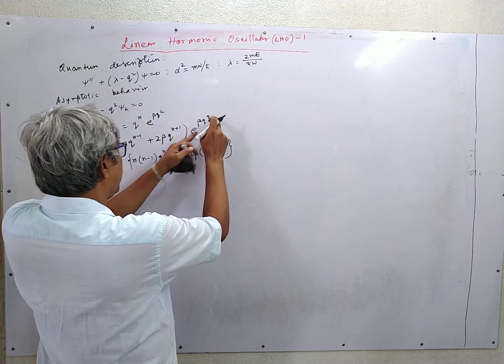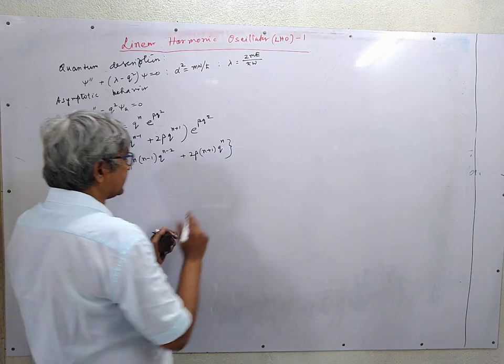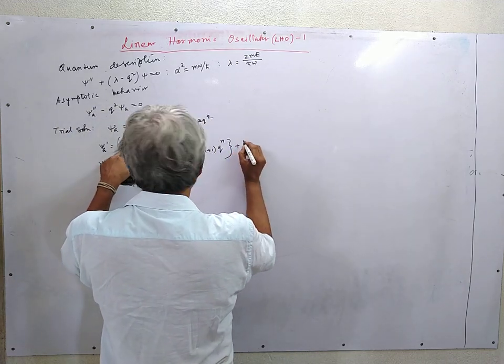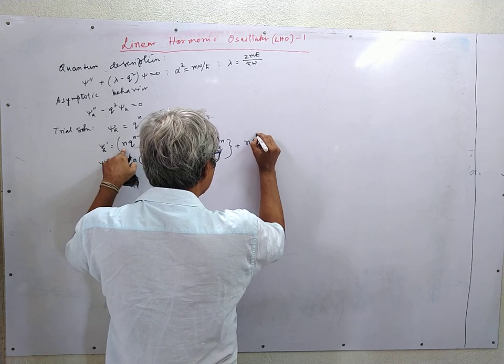This must be multiplied by this, which we will do at the end, and then this part remains intact.